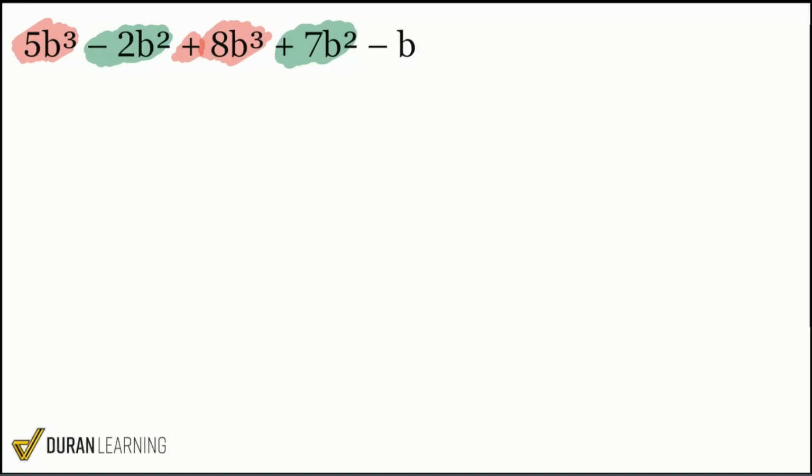So let's move forward now and combine those terms and keep it moving. So here we go, 5b cubed plus 8b cubed, everybody. What is 5 plus 8? That was quick, yep, that is 13. So that's going to be 13b to the power of 3. Then up next, we have minus 2 and plus 7. Remember that negative 2 plus 7 is the same as 7 minus 2.